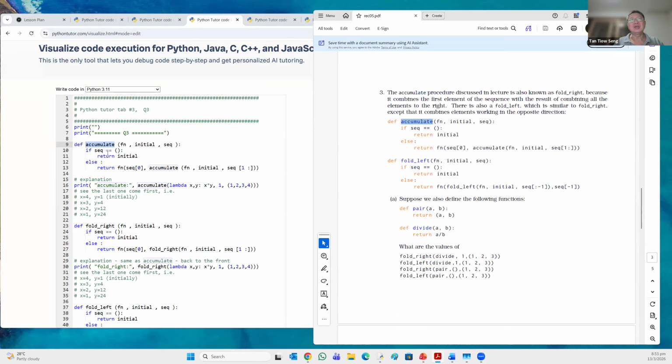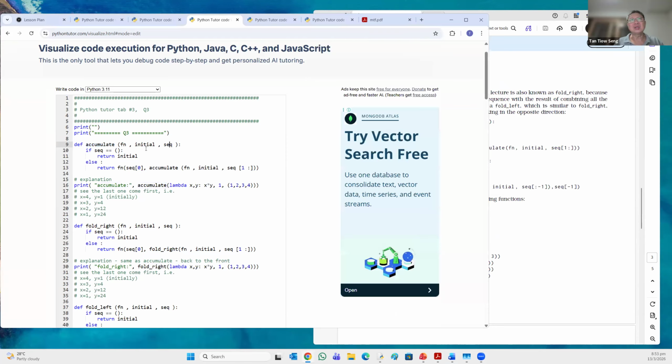All right, so accumulate is to go through the sequence, and with the initial value if the sequence is empty. Otherwise, you apply the function to the sequence with whatever this is. You have seen this thing before. That is accumulate. So if you study this carefully, actually the last one comes first.